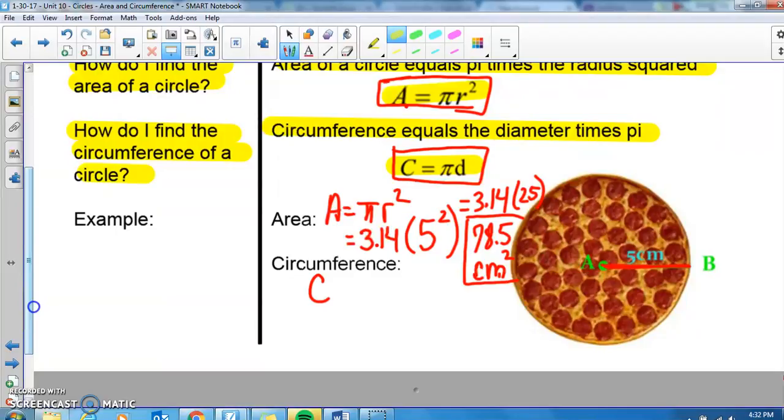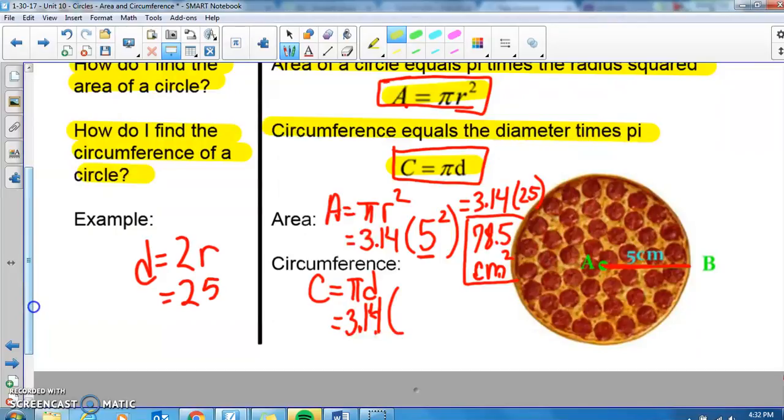For circumference, C equals pi times diameter. Now you'll notice in the pizza picture, the radius is halfway across. So in this formula, we have to figure out the diameter. So I'm going to substitute the information in. 3.14 is our value for pi. Our radius is 5. So the way we find our diameter is 2 times the radius.